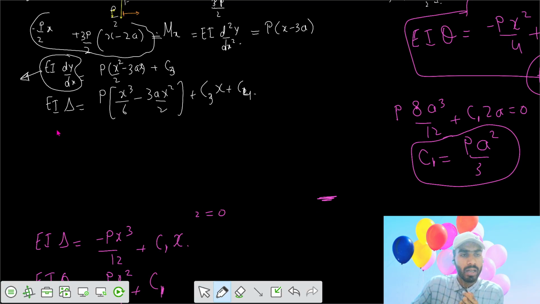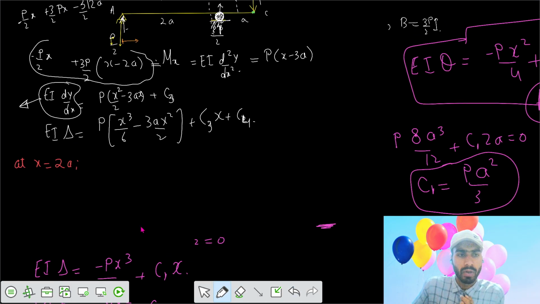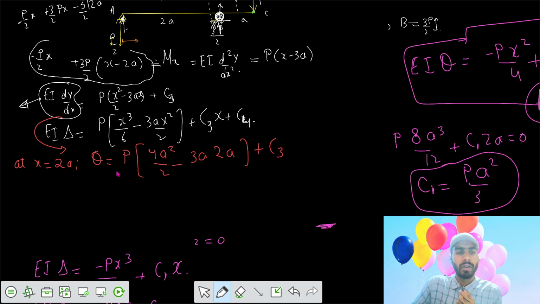This is the main critical step here: at x equals 2a, theta becomes equal to, if you substitute the value of x equals 2a in this equation, P into x squared, that is 2a squared, that is 4a squared by 2, minus 3a into x value of 2a, plus some constant c3, divided by EI. We can write here EI.